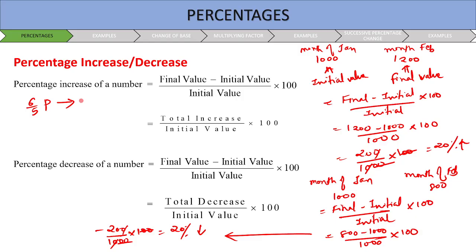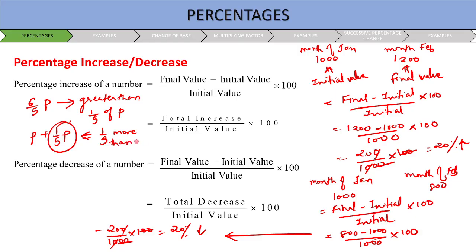That this value is greater than P. What does this mean? There was a P and there was a 1 by 5 addition to that. So this value is 1 by 5 more than P.